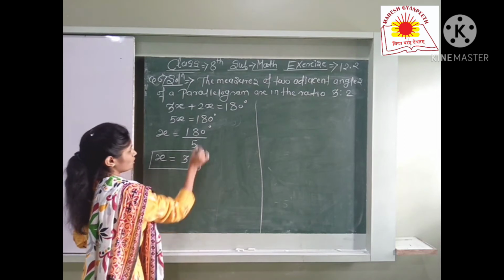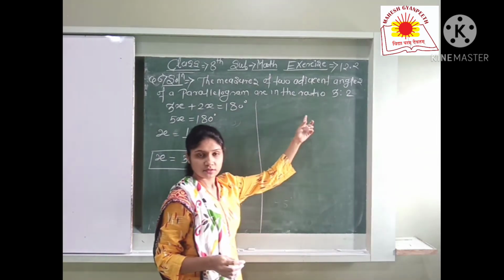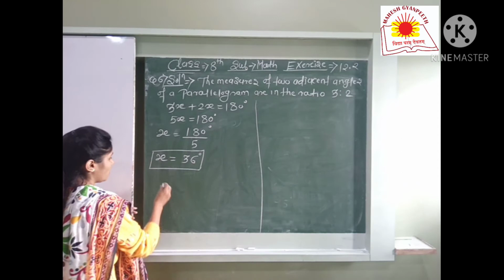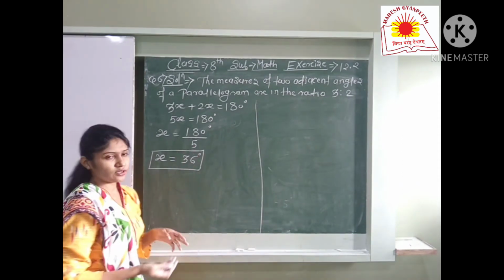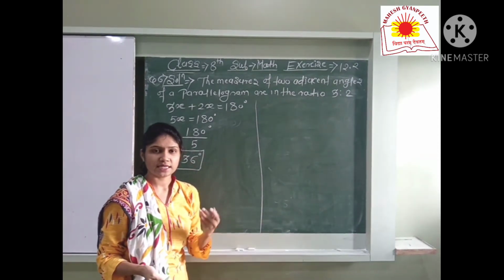Okay, so what is the value of 3x? You have to first find angle A. You can give any name to the parallelogram, PQRS, ABCD, anything.